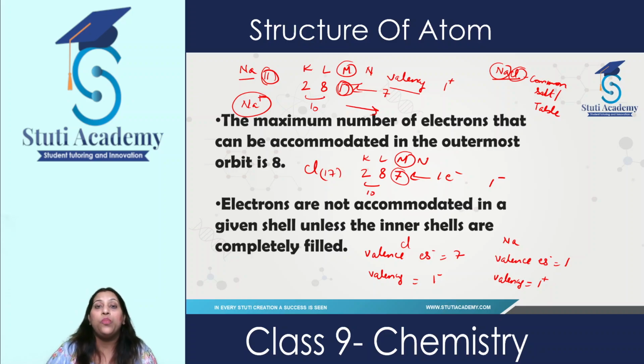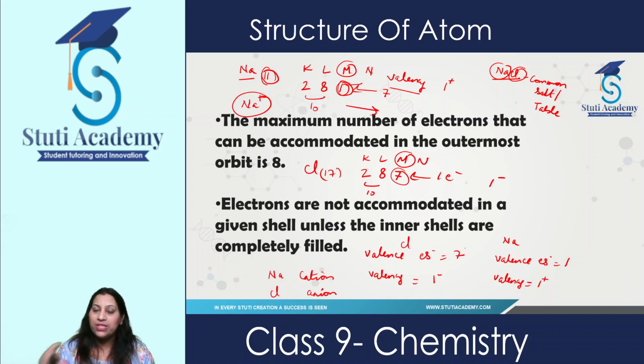So when we are writing valence electrons, we'll not write charges here, but in valency we'll write, because it shows whether the element is accepting or gaining electrons, and that's the reason how they become cations and anions. So this sodium becomes cation because it is losing electron, and chlorine becomes anion.